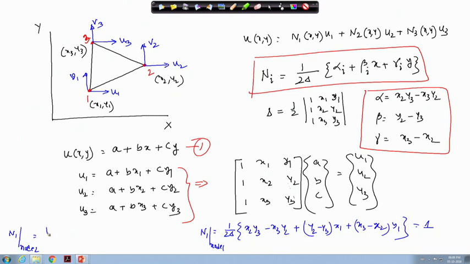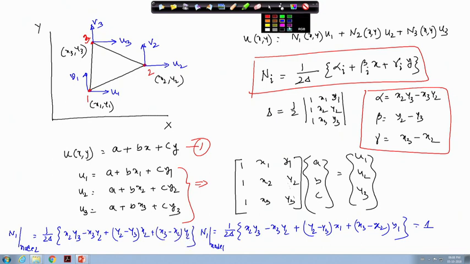If I do that, this becomes 1 by 2 delta, then x2 y3 minus x3 y2, then plus y2 minus y3 times x2, and then plus x3 minus x2 times y2. Please check what this is. Okay.